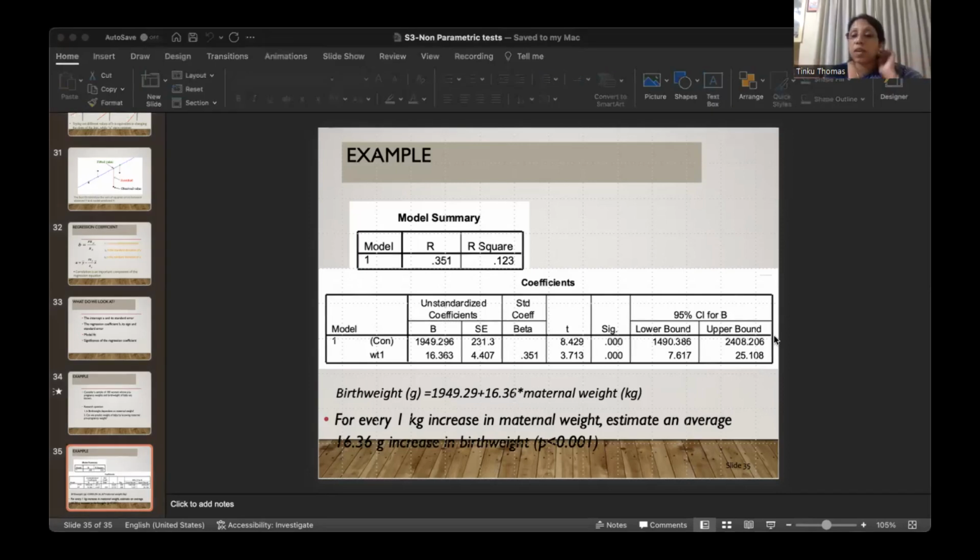I cannot use this equation to predict the birth weight for a mother who is weighing 100 kilograms, because I'm then extrapolating the equation, which is not permissible. It may not be right. Maybe beyond 70 kilograms, it is no more linear. So be aware that it is not just about using equations for predictions. You have to understand the premise or the background from which the equation was drawn.